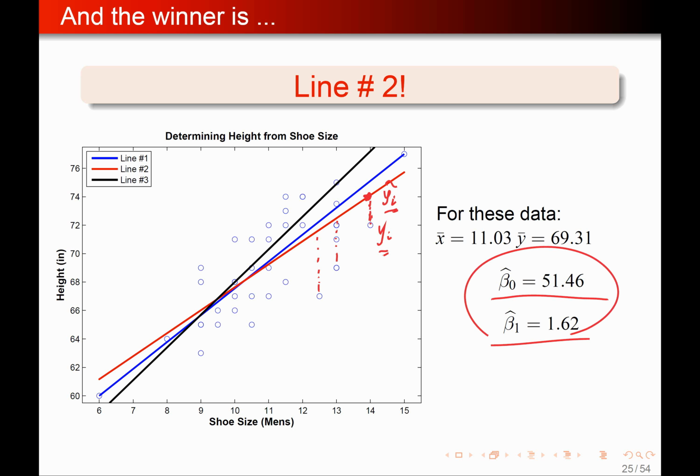So this is the best line, that is, line 2, the red one. That gives us the best fit. How do we define the best? Best is where the residue sum of squares is the minimal. This line gives us the minimal residue sum of squares.